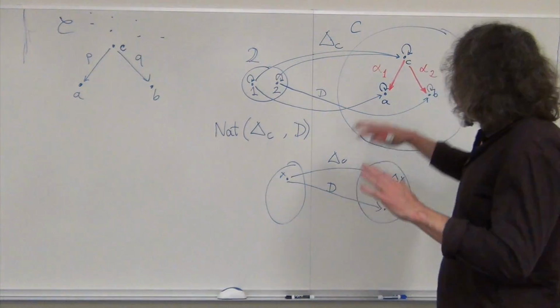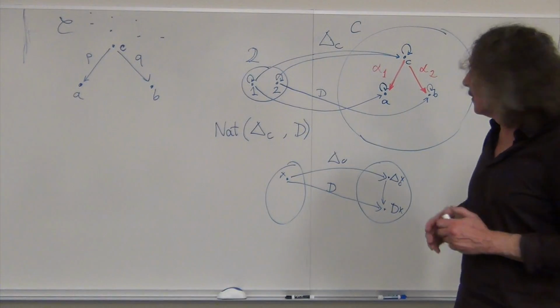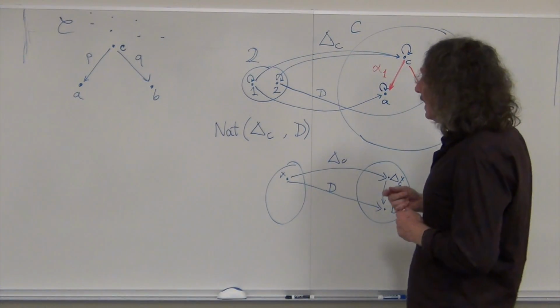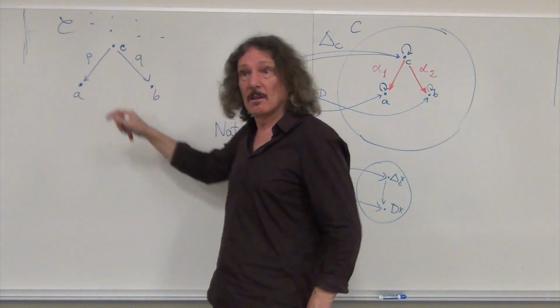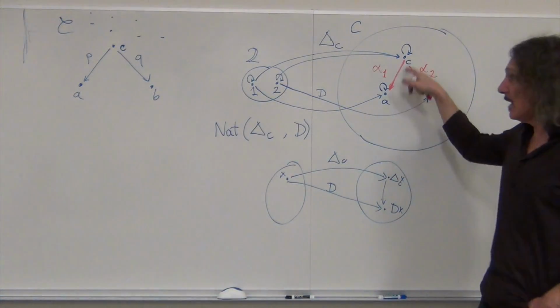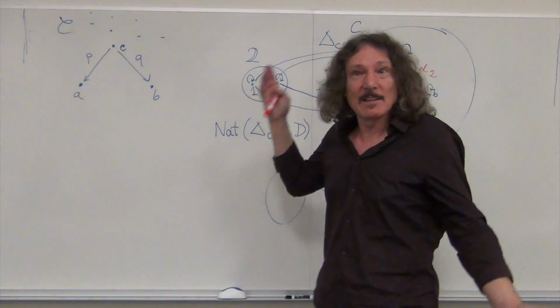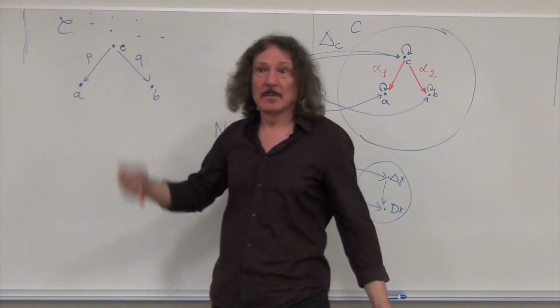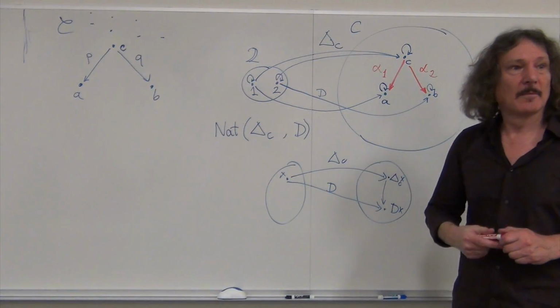So we don't have to impose any additional naturality conditions. That's just it. Okay? Now, you might recognize I have just redrawn this picture, right? So a natural transformation between these two functors is really this diagram. That's it. We've got this diagram.